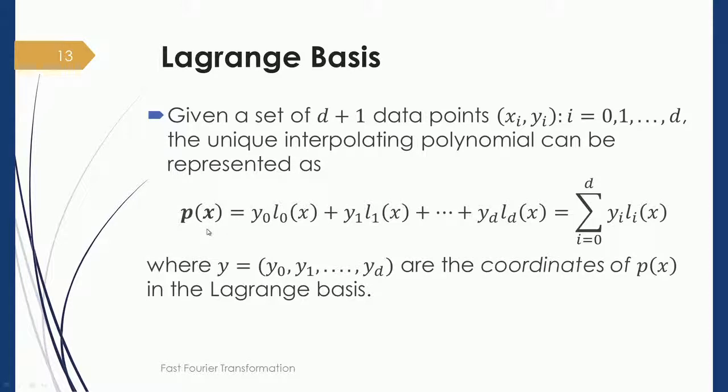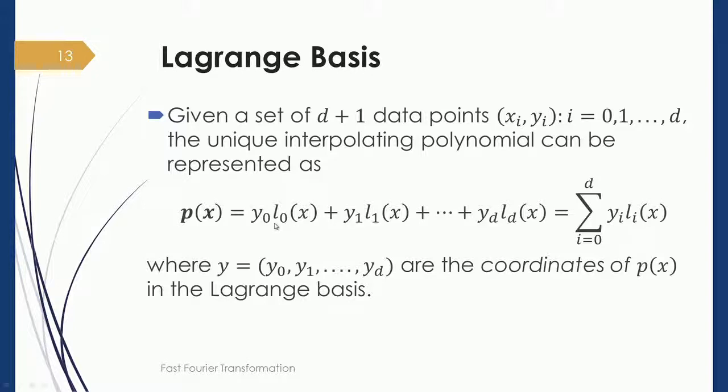This polynomial p of x will have to evaluate to y sub 0 whenever x is equal to x sub 0. It should evaluate to y sub 1 whenever x equals x sub 1, and so on. And so, this polynomial can be constructed as a linear combination of the Lagrange basis functions.